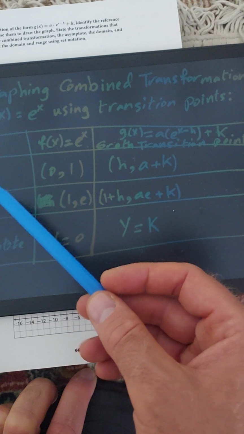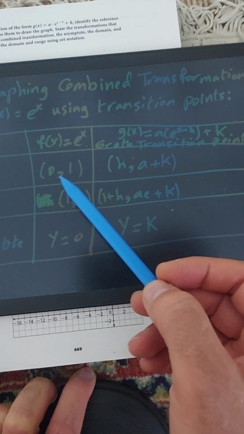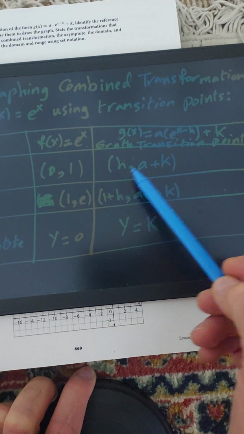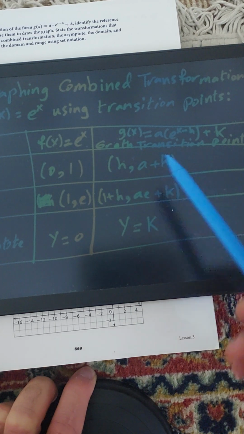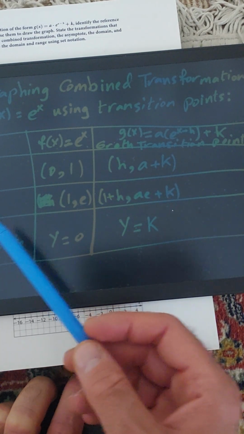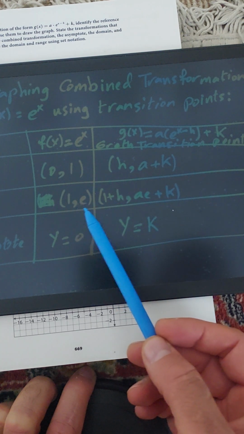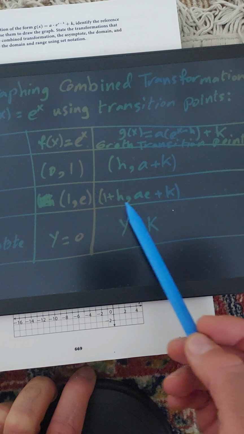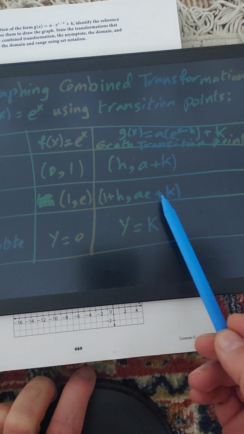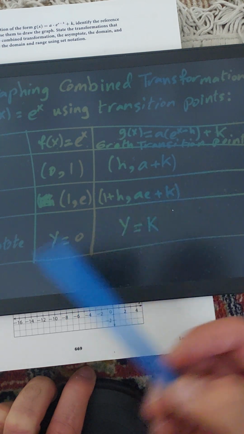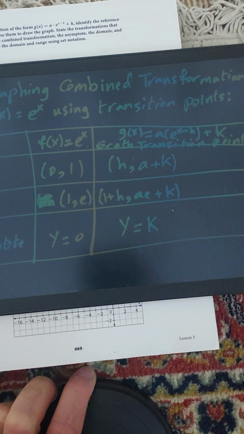When x is 0, the transformed point from (0, 1) is (h, a plus k). And when x equals 1, the transformed point from (1, e) is (1 plus h, ae plus k). The asymptote will be y equals k.